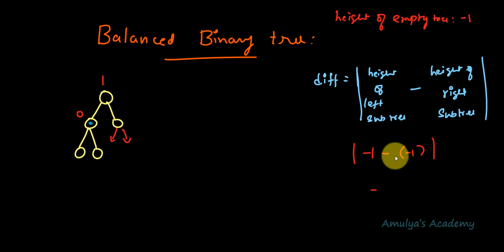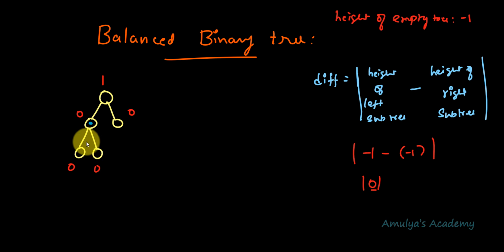So here minus minus becomes plus, minus 1 plus 1, it will become the absolute value of 0. So we'll get 0 here. And for all the leaf nodes, we'll get the difference as 0. Because it doesn't have a left subtree or right subtree, so we'll get minus 1 minus minus 1, so 0.